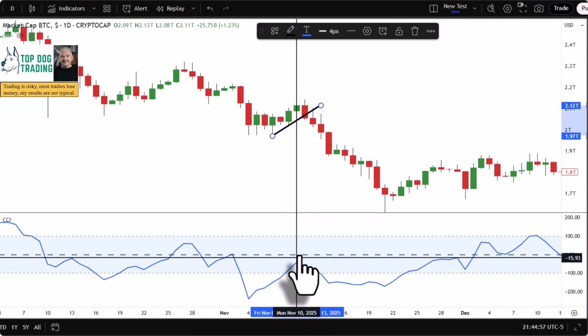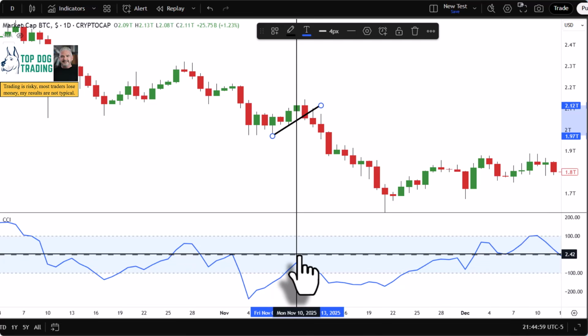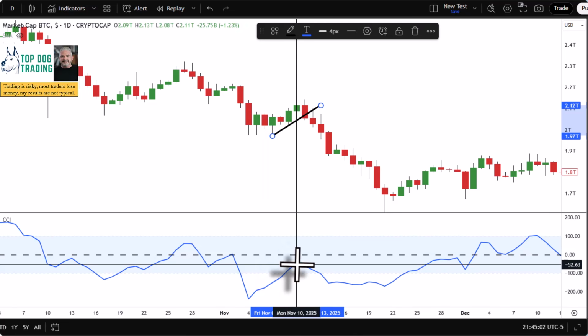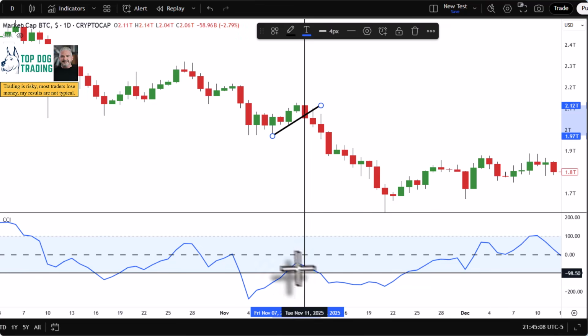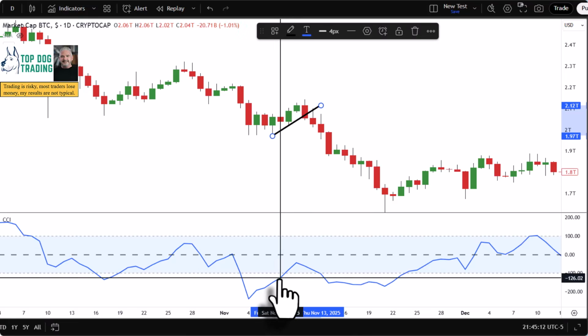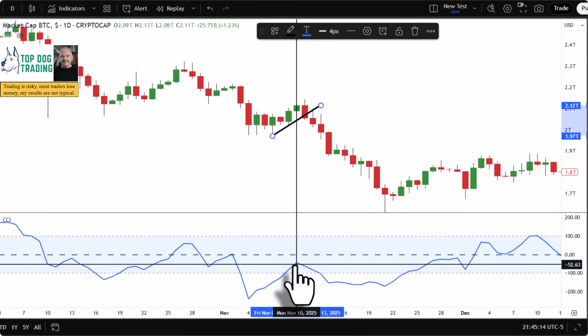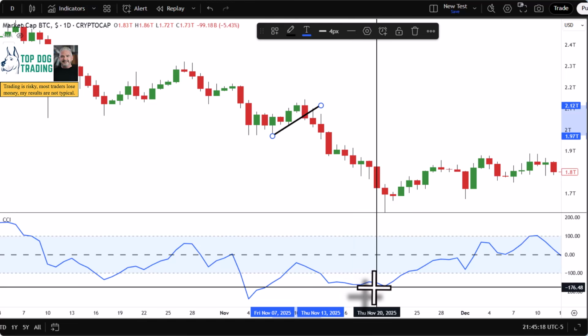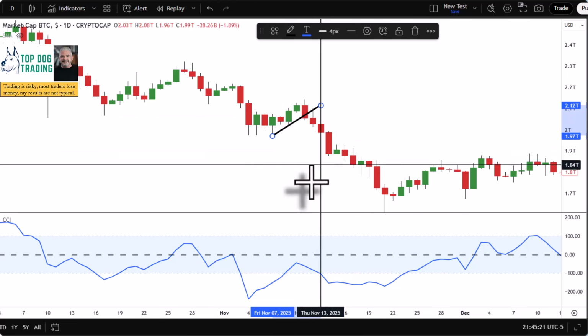I don't want it to get back above 0, because that would show a strong retrace up. I want a weak retrace up. I want the dominant energy of the market to stay down, and that's indicated by the CCI staying below 0 and going from below negative 100 to above negative 100, but not quite reaching 0. So still bearish, and that's where we enter.